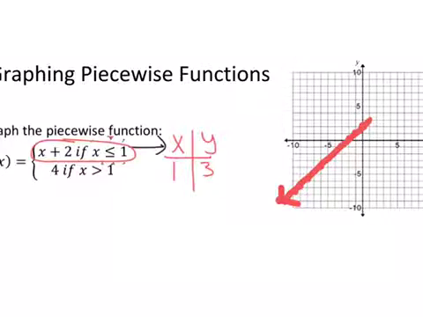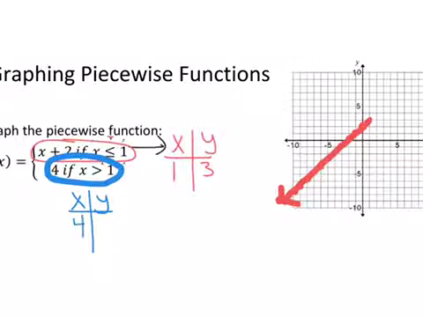If I go to equation 2, it just has 4 if x is greater than 1. So if x is greater than 1 and we just have 4, we're going to do an xy table. And in this case, it doesn't matter what we put in for x because the y value is just going to be 4. And because it is a greater than sign, we will use an open dot.